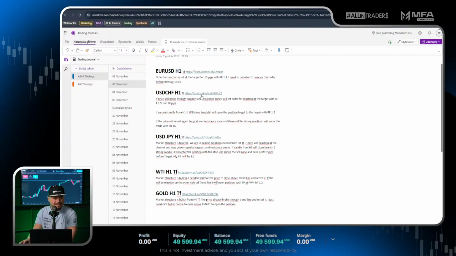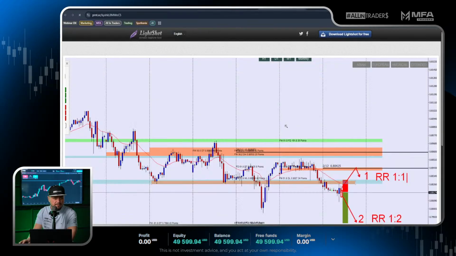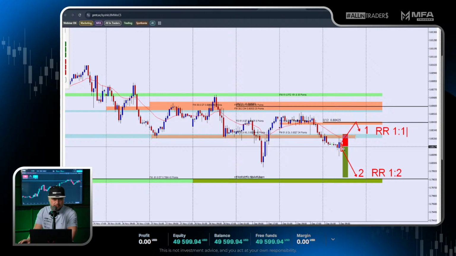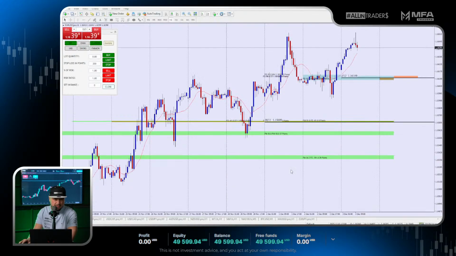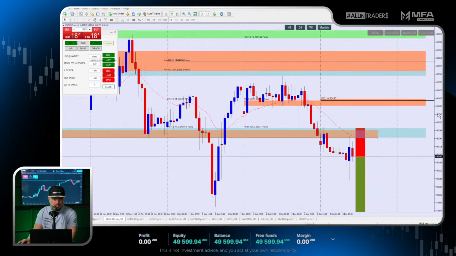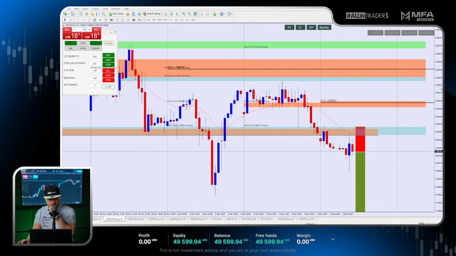The next plan was USD CHF 1 hour time frame. Okay, so we need the candle to close under the exponential moving average, a bearish candle. So let's have a look. Maybe we have a chance now. Okay, but look at those candles, okay?